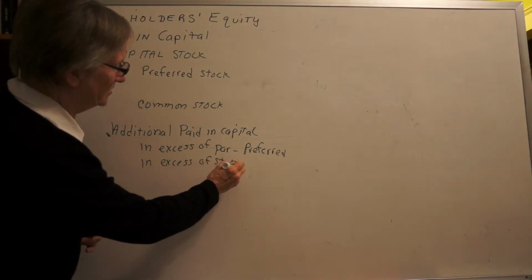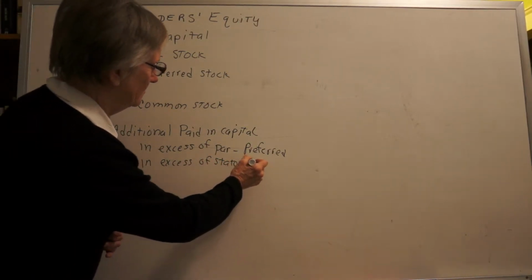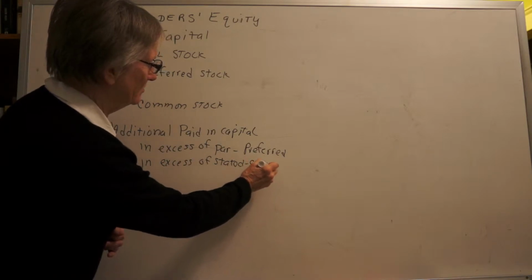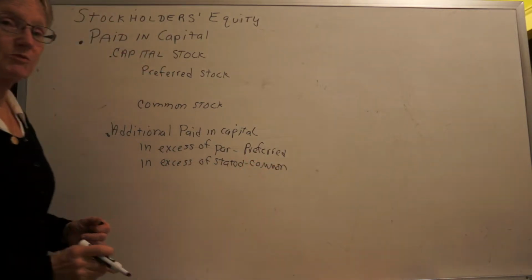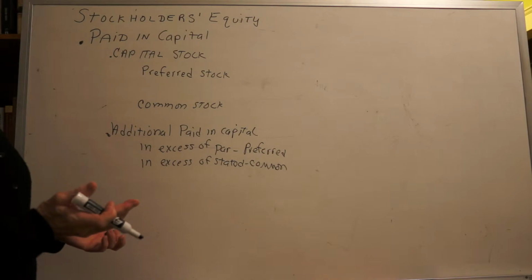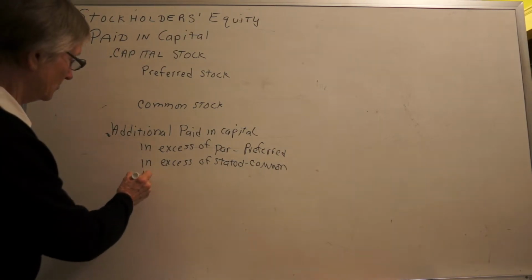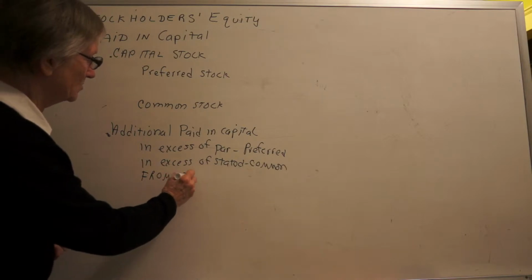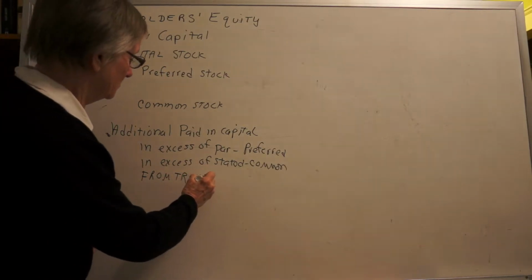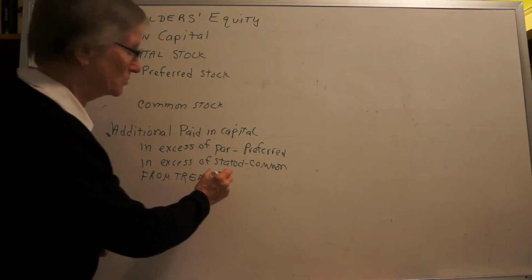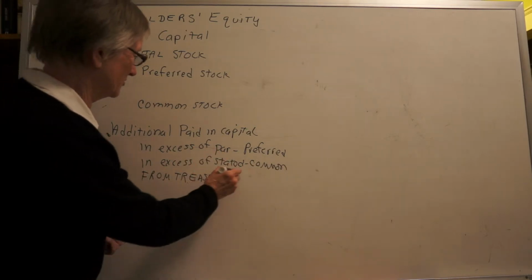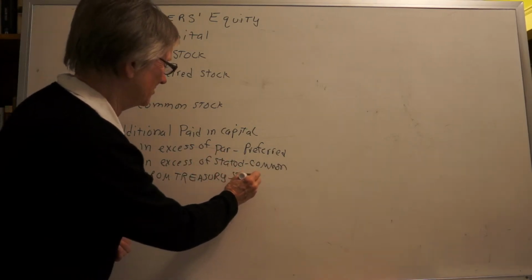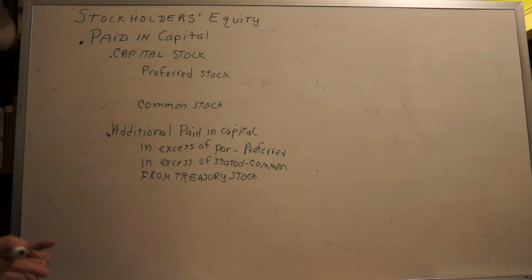In other words, you just tell exactly what's going on for the common. And then, remember from treasury stock, we also have paid-in capital from treasury stock, if there is some. There's no par or stated value on treasury stock, it doesn't vote, and it's not an asset, but it does have additional paid-in capital sometimes.